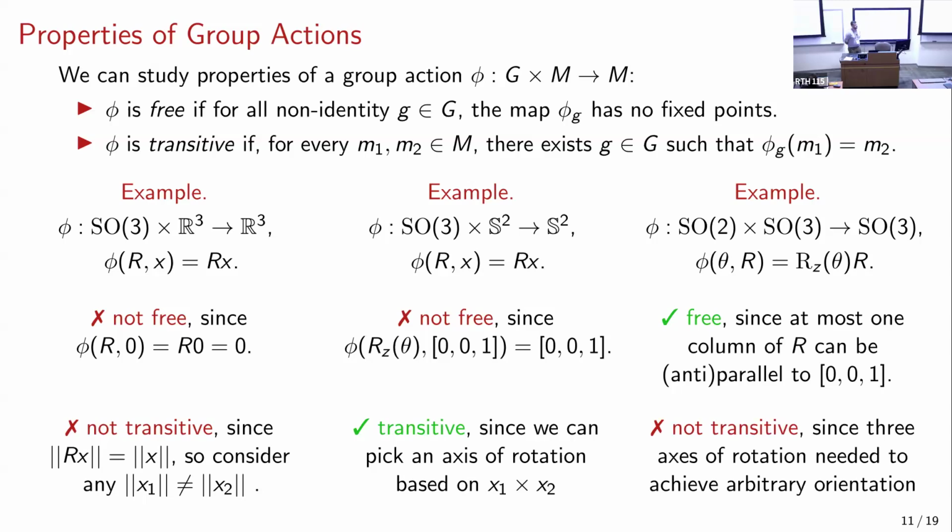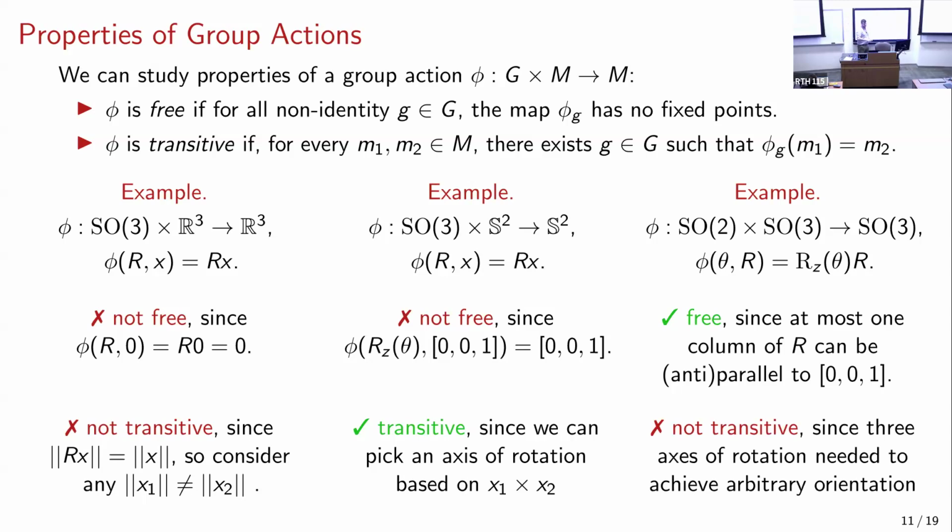Even though that's not global, it's getting close, but we need 3 axes of rotation to produce arbitrary rotations, and this is only 1 axis of rotation. So this is definitely not a transitive action because we're restricted. I would say it like this: say this is our object, and this is our z-axis here. We can only produce rotations like this, but we can't produce rotations that move that pen around.